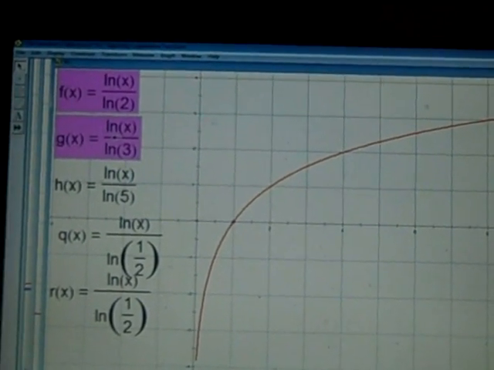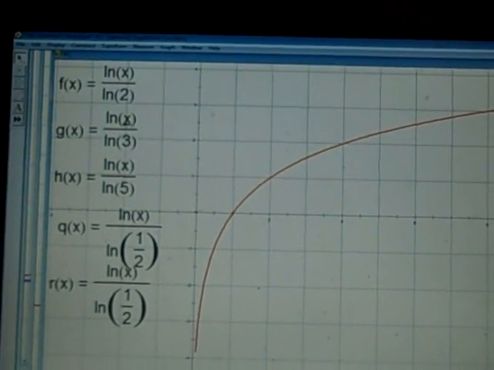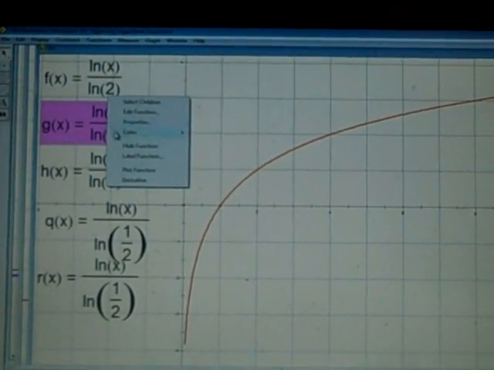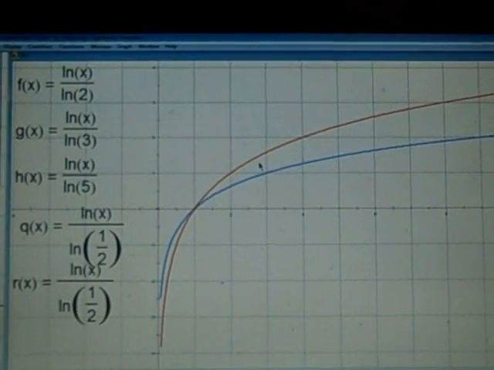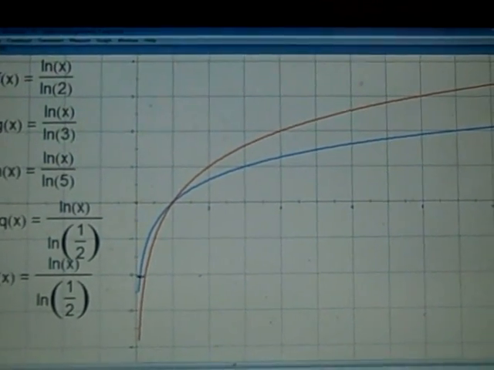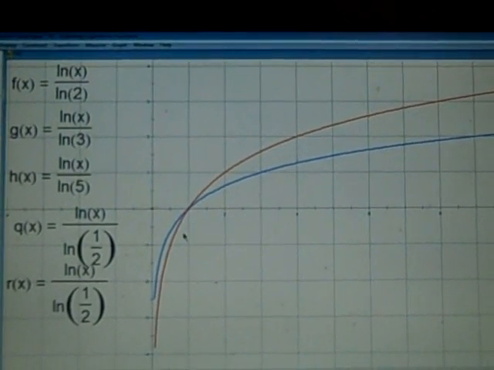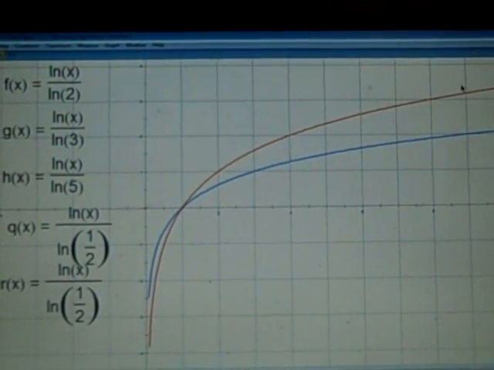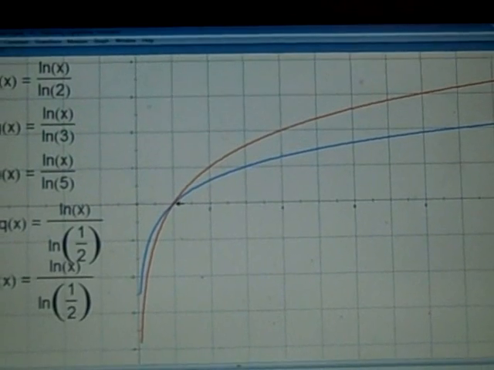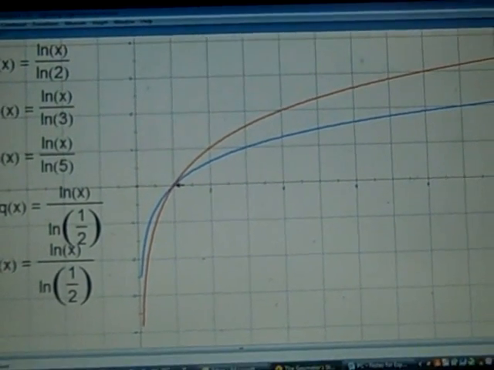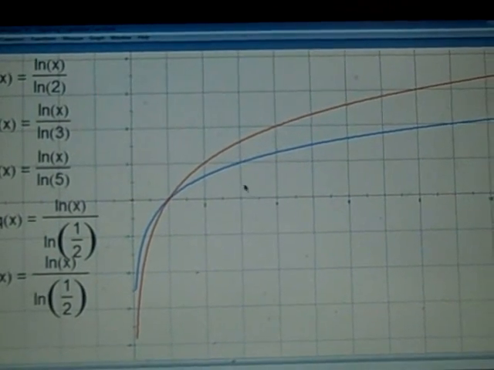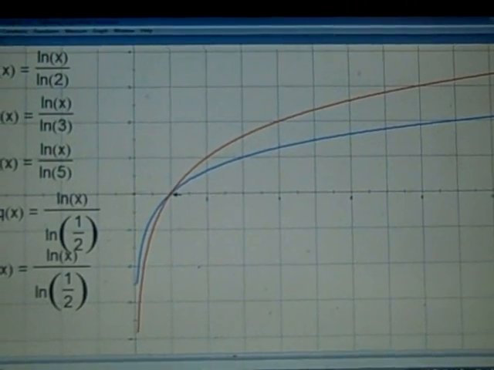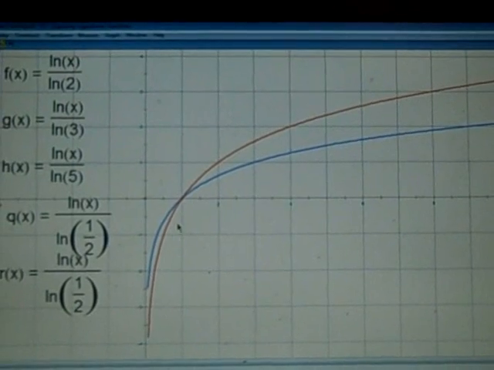So let's graph log base 3 of x and see how that compares. We go down to plot function, and we see now the blue graph. The blue graph is still increasing from 0 to infinity. It's intersecting the red graph at the point (1, 0). But the blue graph is below the red graph once they intersect. It is above the red graph over here.